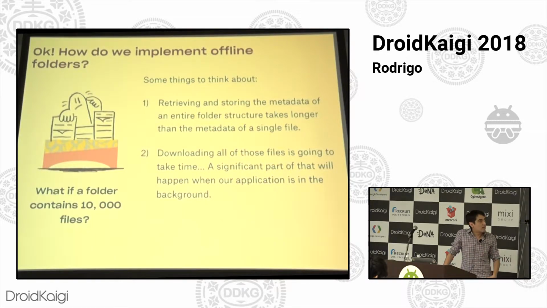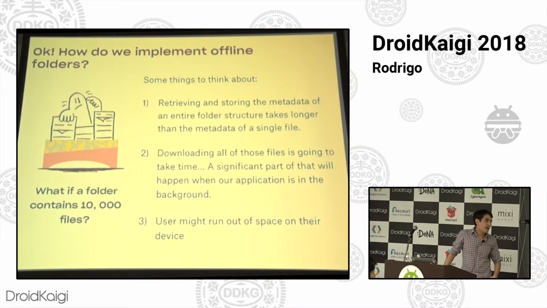Now, downloading a huge folder is going to take way more time. Most of that time is probably going to happen when the application is in the background. A single file on a fast network takes maybe 1 or 2 minutes, but 10,000 files is probably going to take half an hour. So there are more constraints.